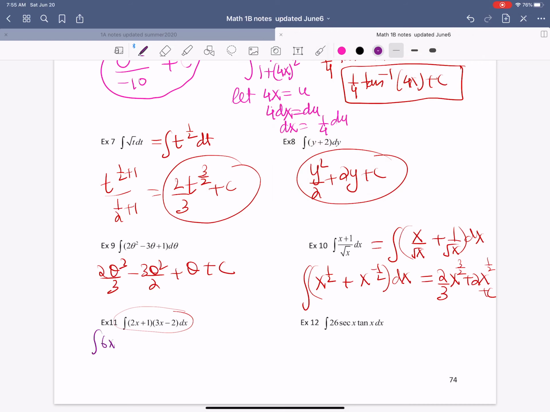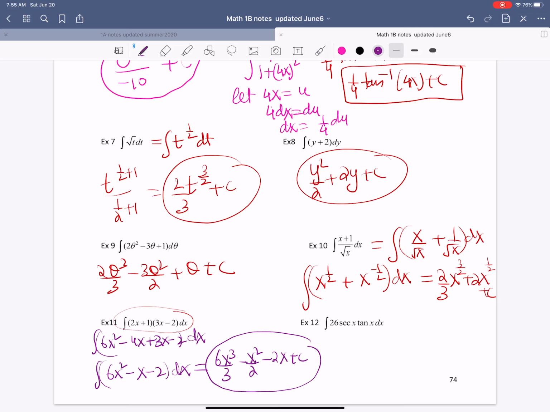And that is 6x squared minus x minus 2 dx. Combine the like terms, and that's going to turn out to be, once we do the integration, 6x to the third over 3 minus x squared over 2 minus 2x plus a c. Again, simplify, we can divide 6 and 3, and that would be a 2.